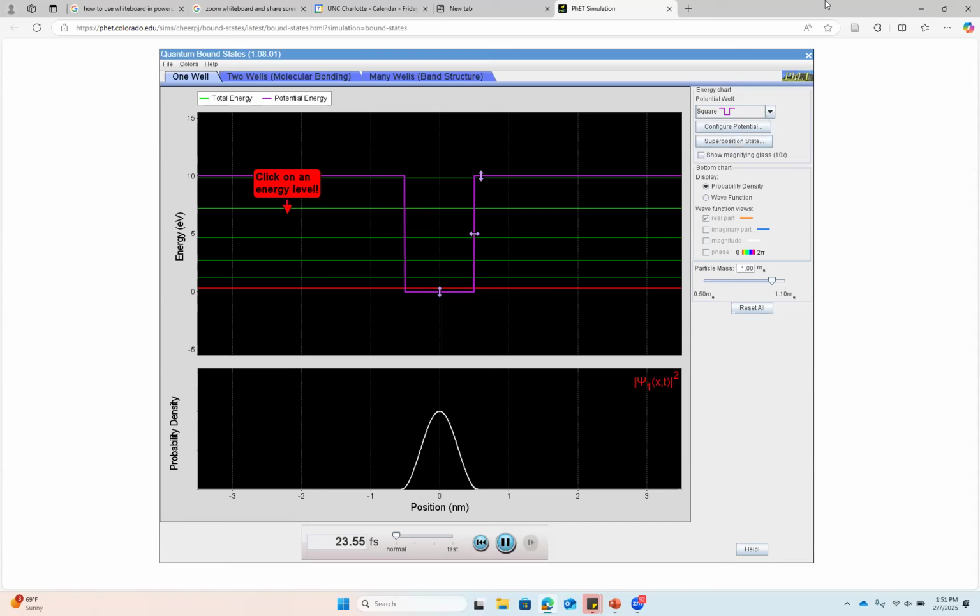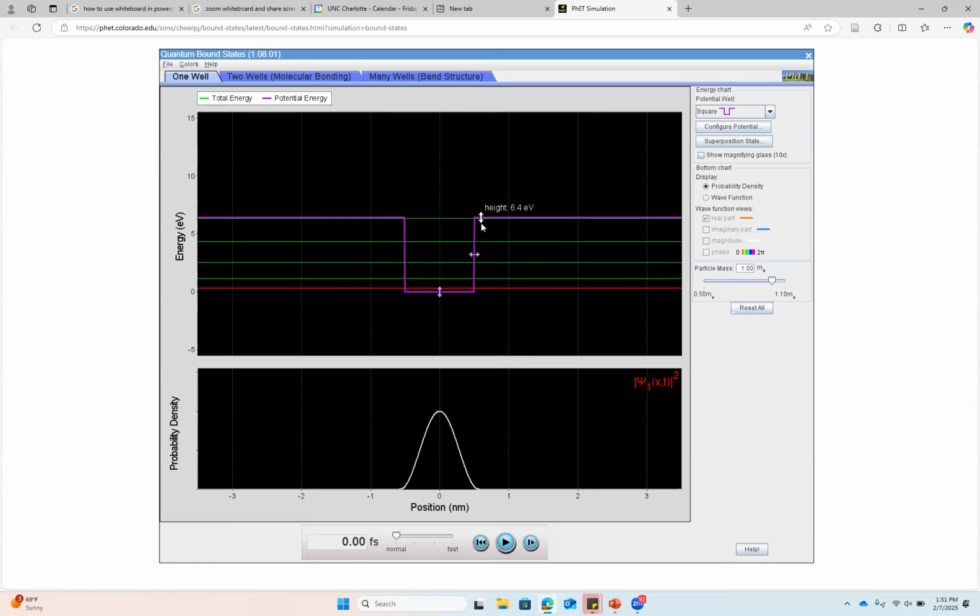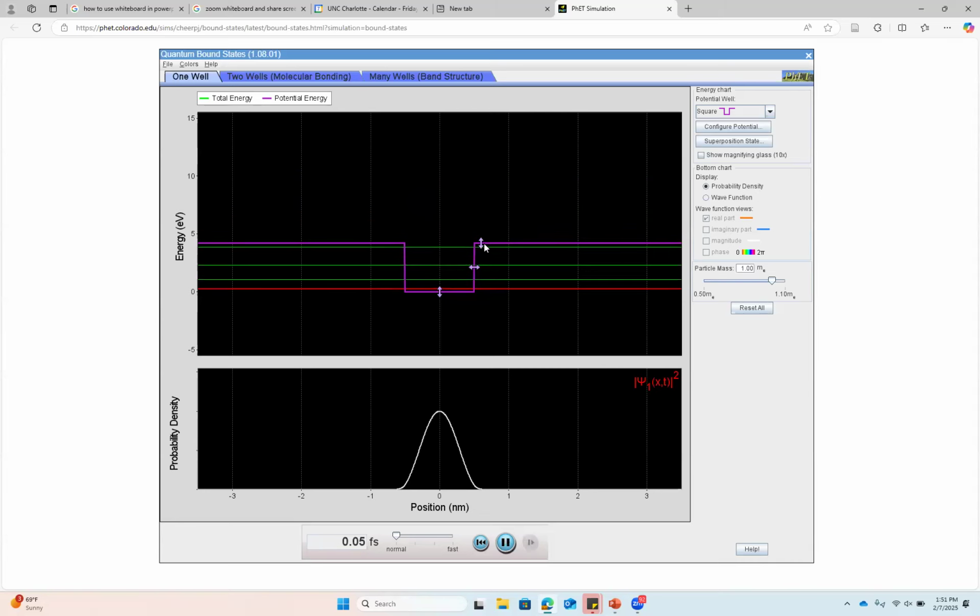So with that, let's see. If I make this potential well very narrow, let's see if I can bring it down, you can look at the impact on the different energy states. Remember, all these different energy states start from here.